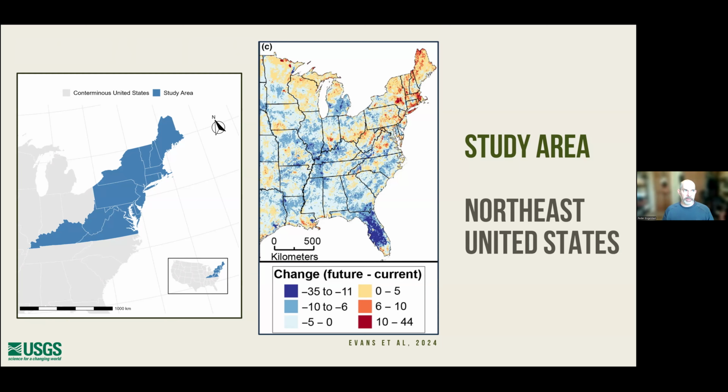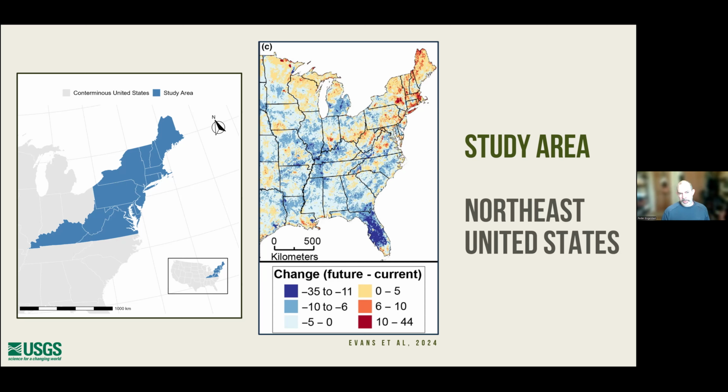We're incorporating potential future risk as a component of this risk assessment. And there have been a number of studies, including the work highlighted here by Annette Evans and other co-authors, that has shown that species are projected to be moving northwards and eastwards within the United States under future climate scenarios.